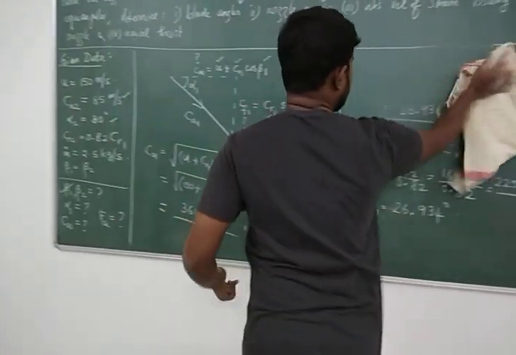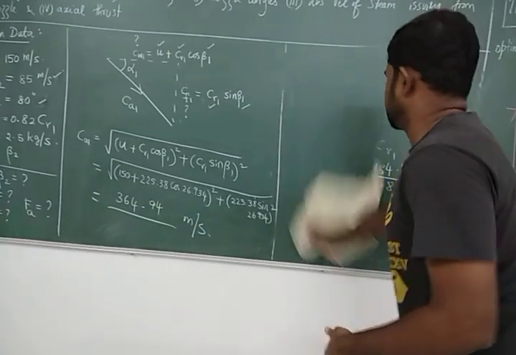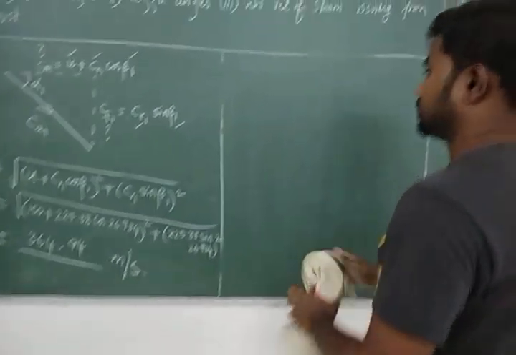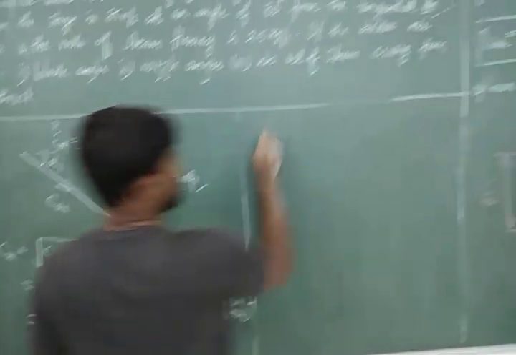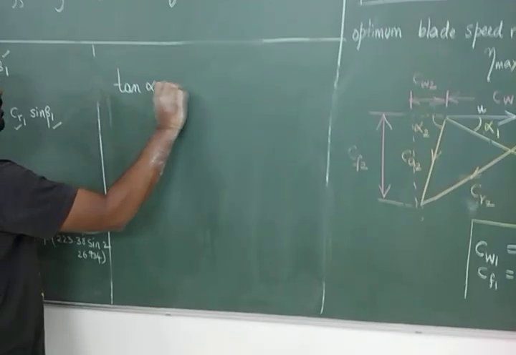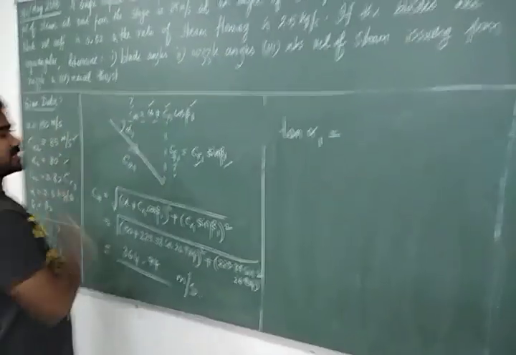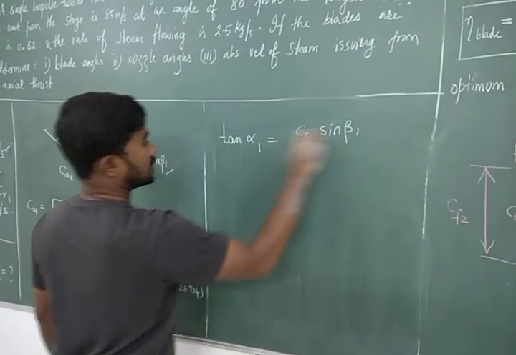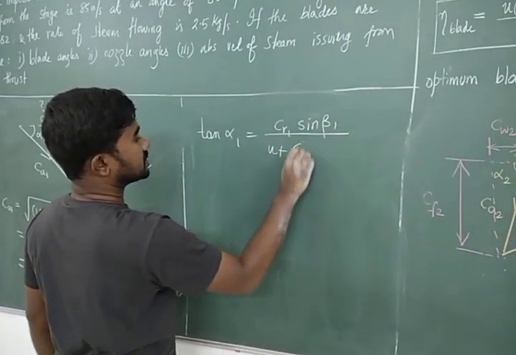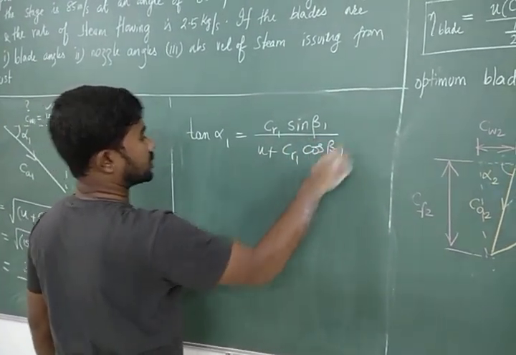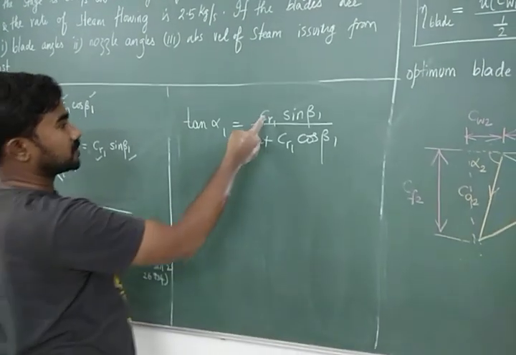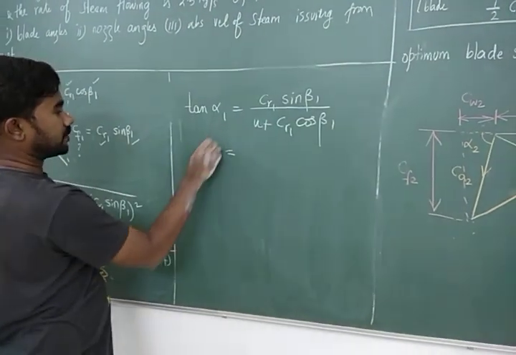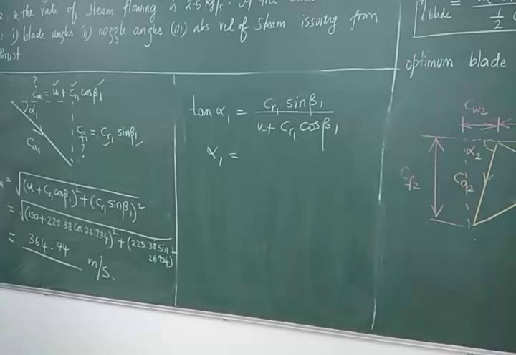Now once you know CA1, then you can find alpha 1 from trigonometry. So from that triangle, tan alpha 1 is opposite by adjacent. Opposite is CR1 sin beta 1. Adjacent is U plus CR1 cos beta 1. Now you can simplify and directly write the formula answer for alpha 1.